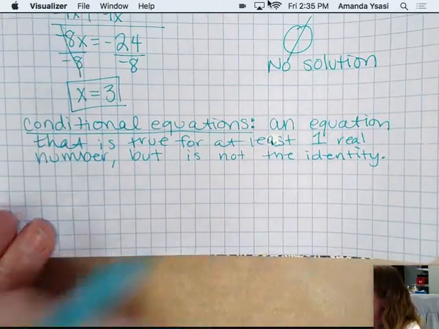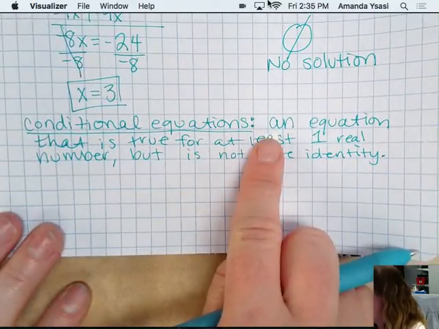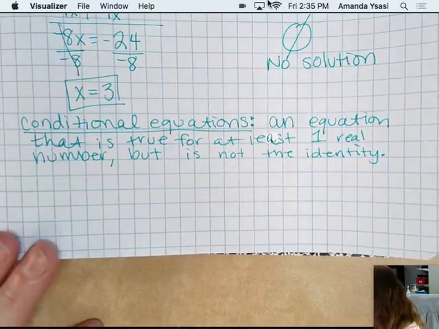So that's like the one at the top of this page. That would be a conditional equation, x equals negative 2.5.